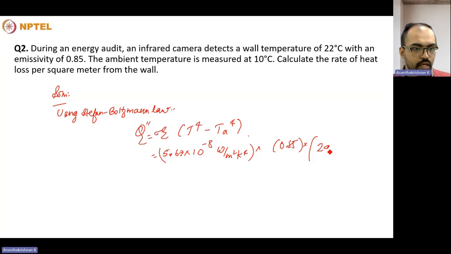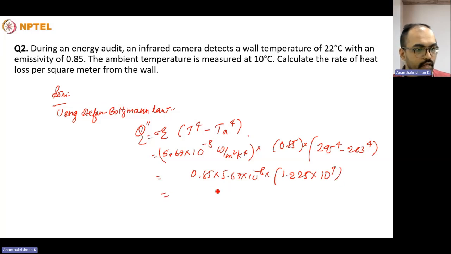This is 295 raised to 4 minus 283 raised to 4. So we get 0.85 into 5.67 into 10 power minus 8, multiplied by 1.225 into 10 power 9, and solving this we get it to be equal to somewhere around 59.08 watt per meter square.